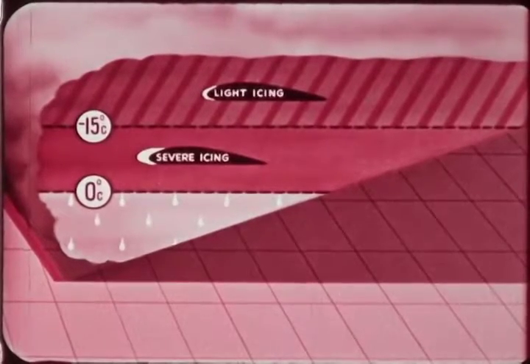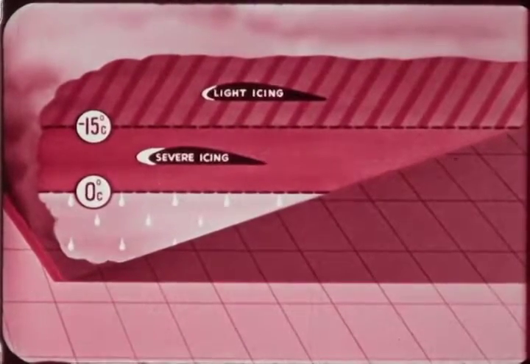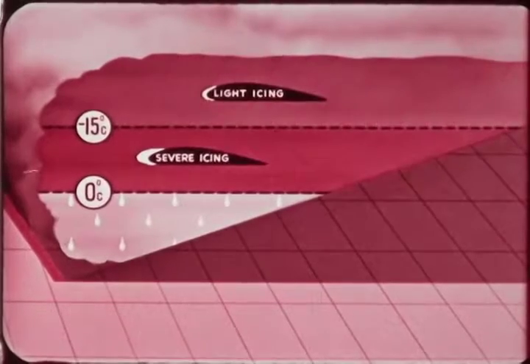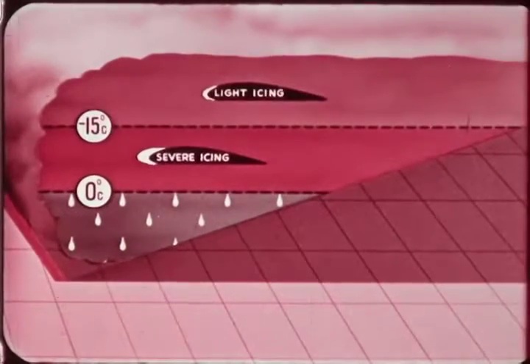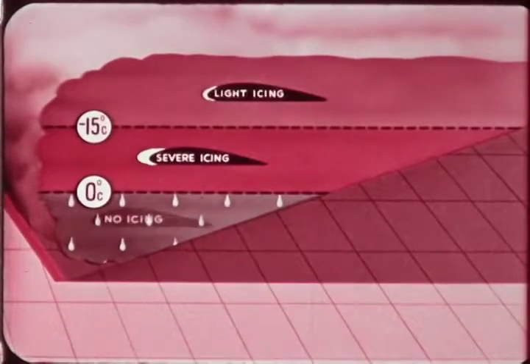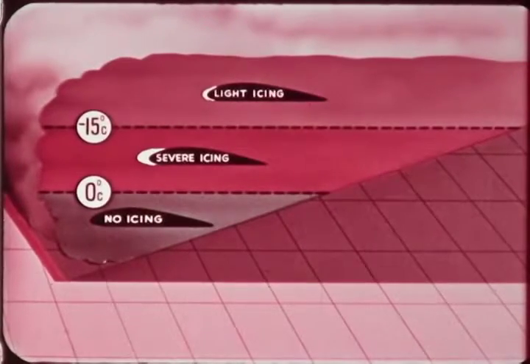Therefore, it is always wise to anticipate structural icing whenever the temperature is below 0 degrees centigrade. In the lower portions of the clouds, where the temperatures are above 0 degrees centigrade, no icing will be encountered.